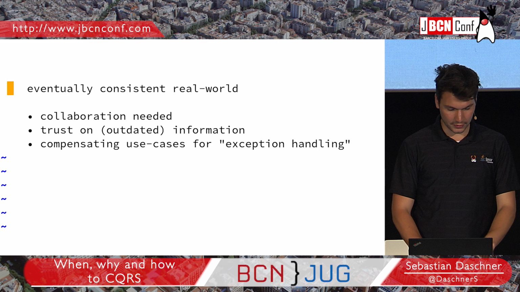Because what happens, first of all, you need this collaboration, since it just doesn't work to lock down the whole restaurant and wait synchronously until everything is finished and everything is prepared for your paella, so that you either get it or get an immediate error. And also, well, you have to think about all these things and compensate for exception handling, for errors, because these errors will happen anyway.